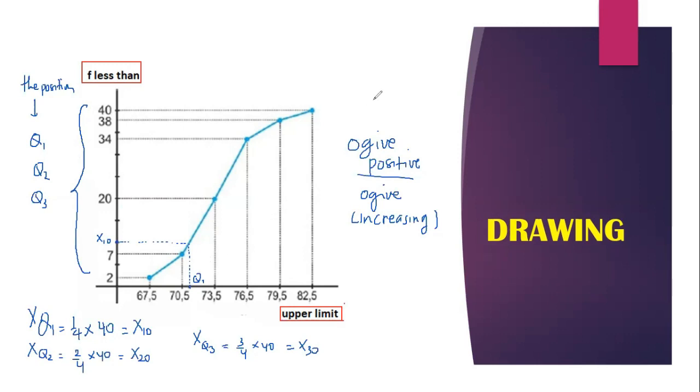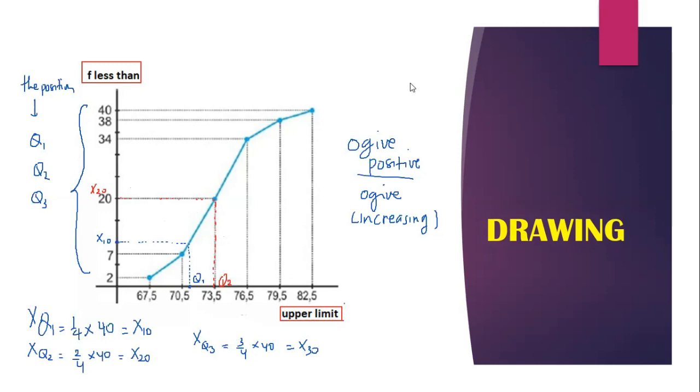What about the position of the second quartile? It is x20. x20 is here, right? And then we'll find that quartile 2 is 73.5. So what about the third quartile?